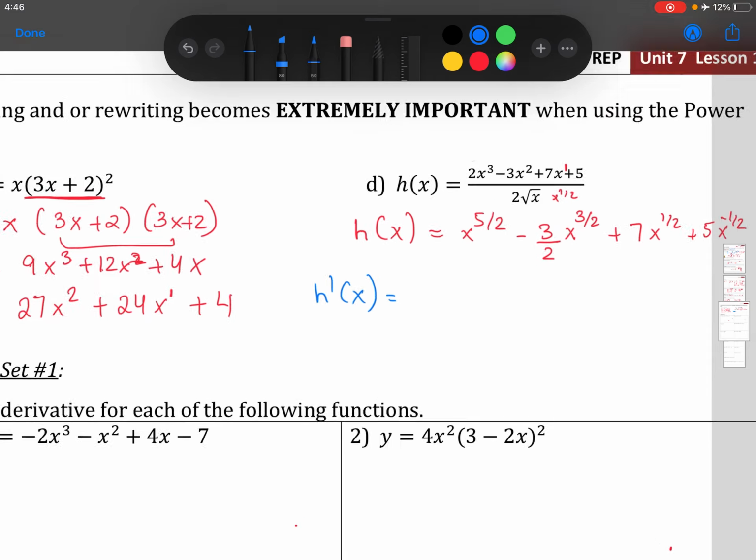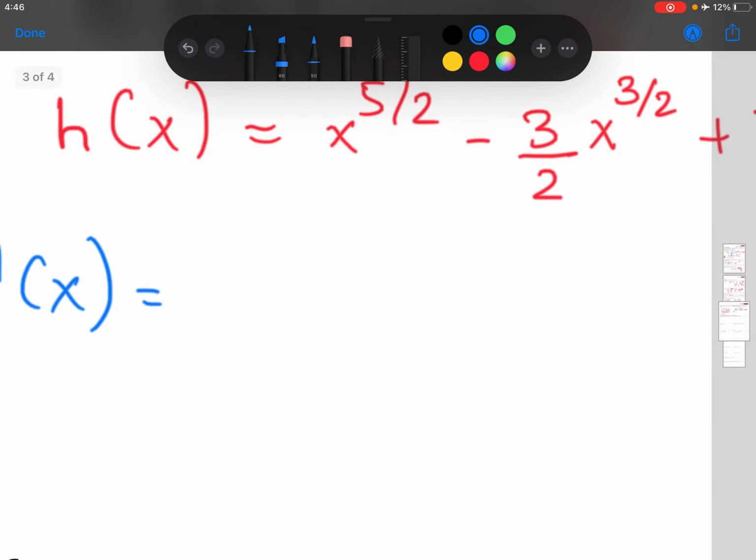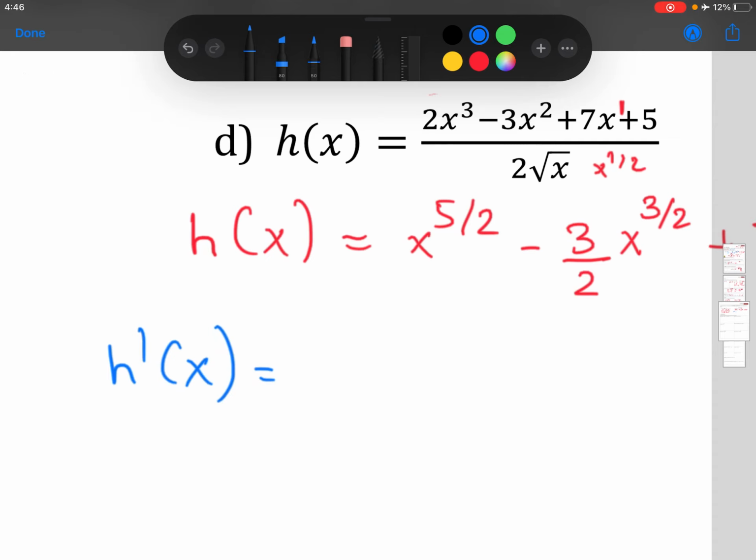x is equal to, so the first one would be what? Bring down the 5 halves. 5 halves minus 1 is what? 3 halves. The next one would be what? Bring this into the front. So 3 halves times 3 halves is 9/4, and 3 halves minus 1 is just a half.